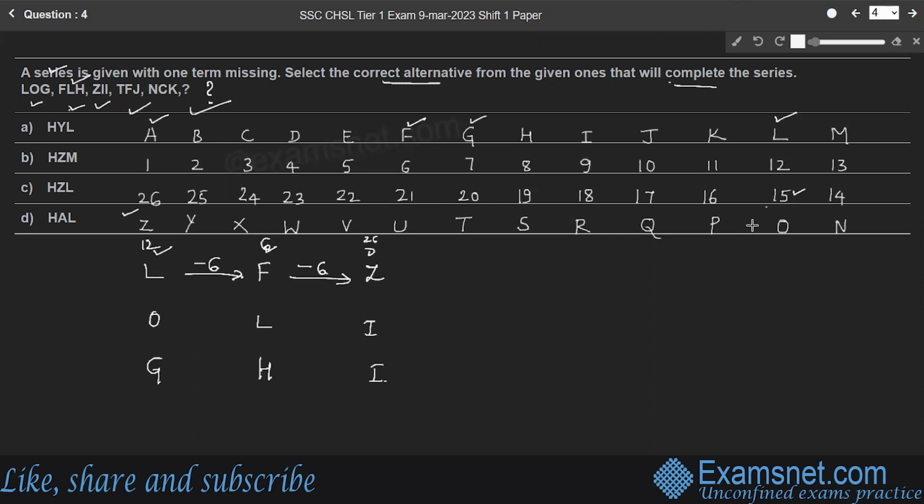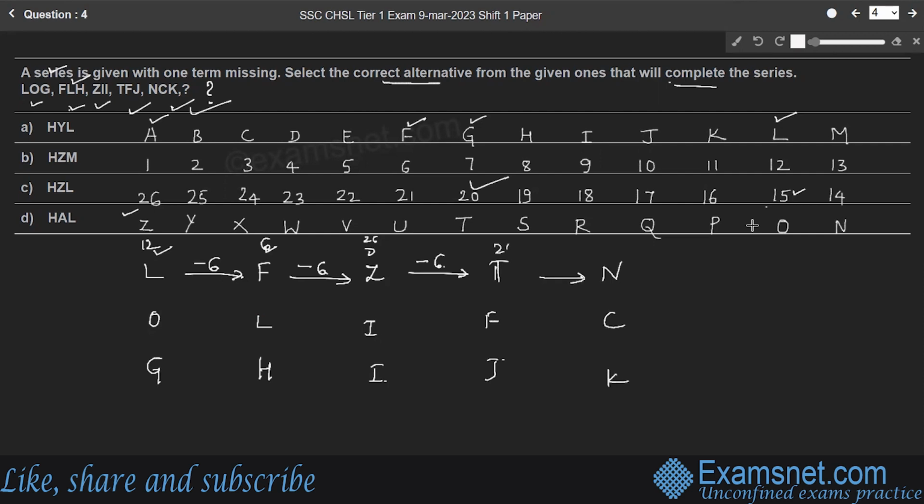Consider the next letter cluster TFJ. Here Z is 26 or 0. Minus 6, 26 minus 6 gives 20, which is nothing but T. In the last, NCK.